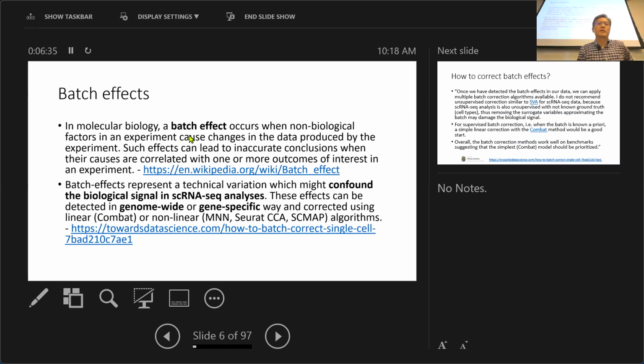batch effects occur when non-biological factors in the experiment change the data produced by the experiment. So that's the reason. I mentioned ComBat, MNN, Seurat CCA, and some other algorithms.